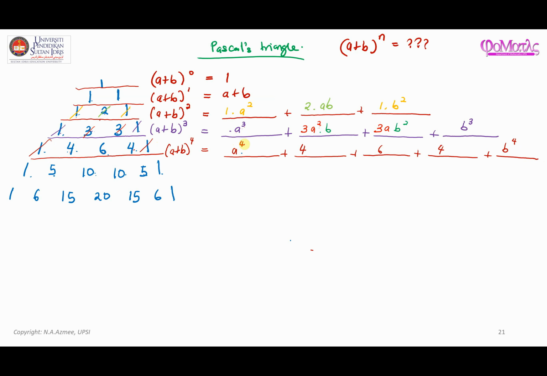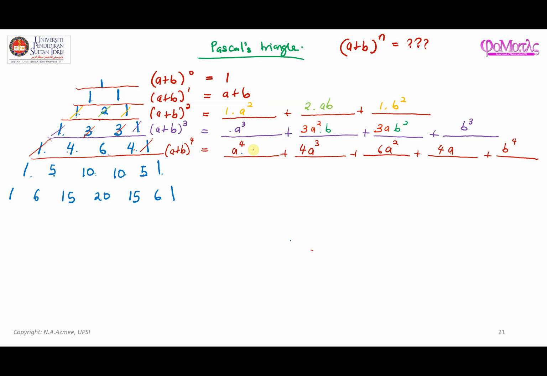Look, here is a to the power of 4. Therefore, over there is a to the power of 3. It gets reduced. The highest power is 4. So therefore, this is a to the power of 3, a to the power of 2, a to the power of 1, and a to the power of 0. You don't have to write it because a to the power of 0 is 1. Over here is actually b to the power of 0, but b to the power of 0 is 1.